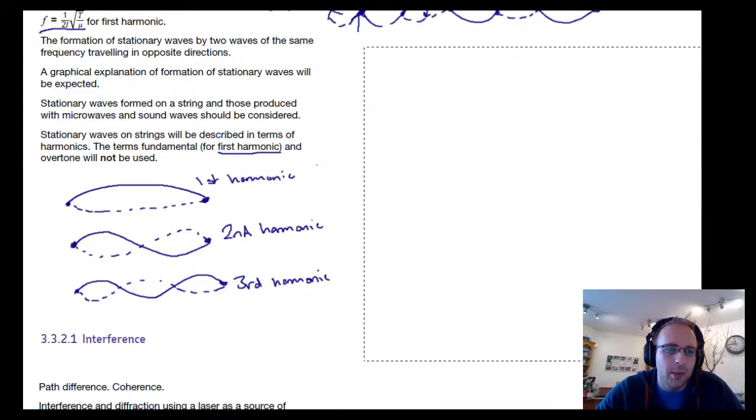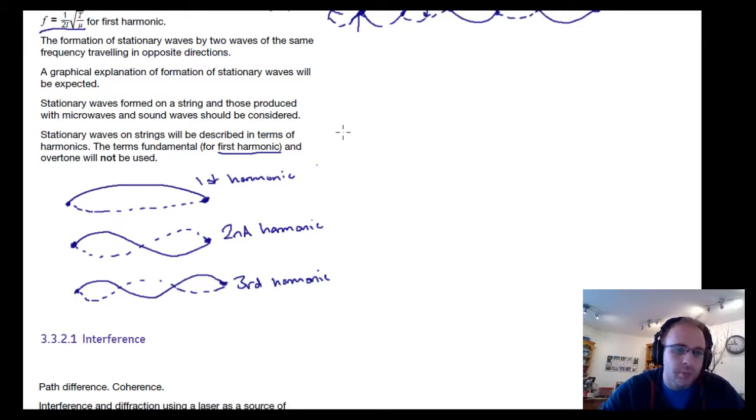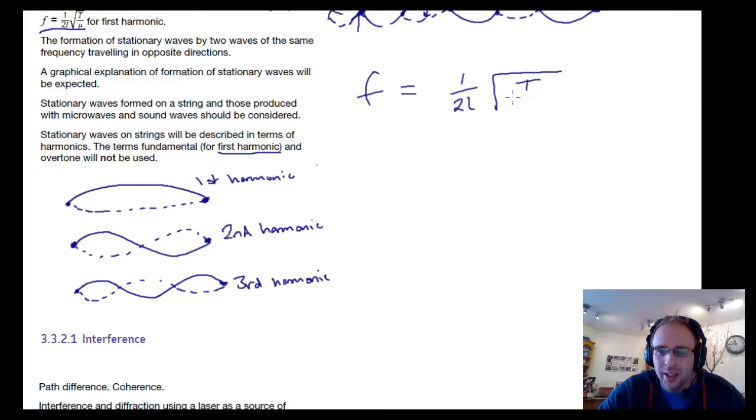So, the bit we missed was this equation here. The frequency of the first harmonic on a string, so that's quite specific, is 1 over 2 times the length multiplied by the square root of T over mu.